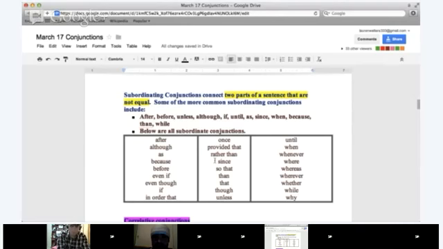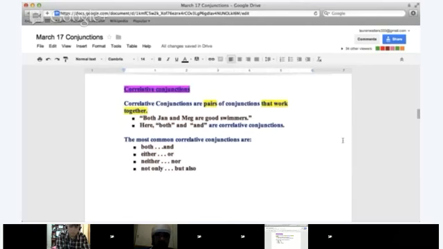Some of the more common subordinating conjunctions include after, before, unless, although, if, until, as, since, when, because, than, while. Below are all the subordinating conjunctions. So you don't have to read all of those, but those are just for your own sake. If you want to revisit this link later, those are all of those conjunctions there.